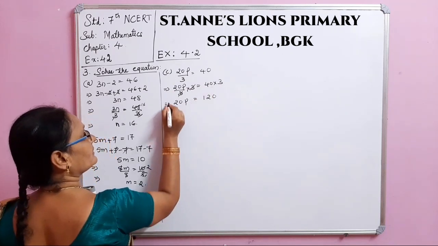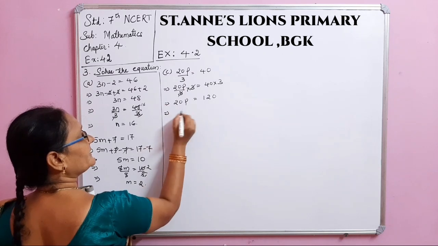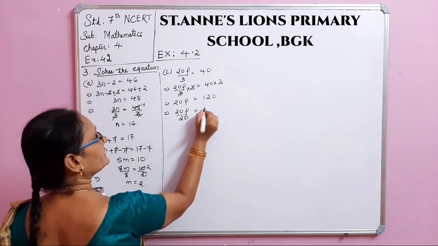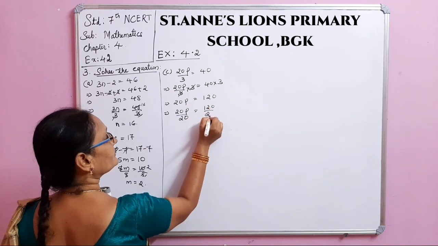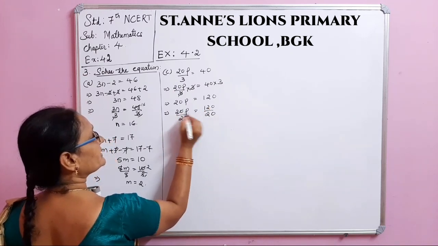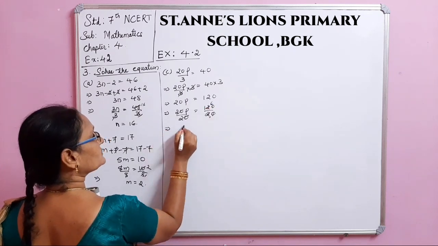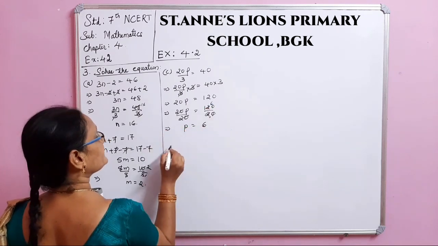Now multiplication is there, again you have to divide here. 20p by 20, 120 by 20. 20 got cancelled. 2 ones are 2, 2 sixes are 12. So p is equal to 6.